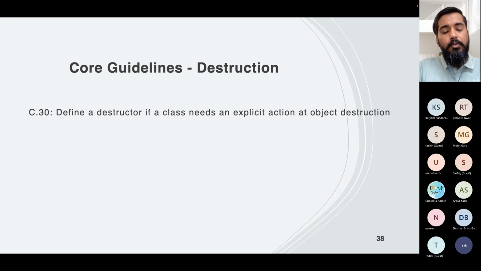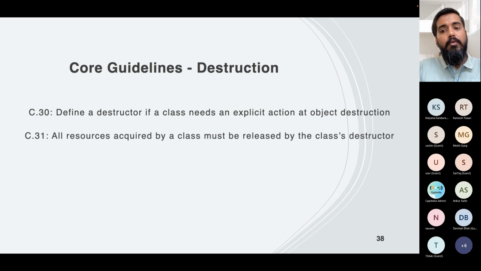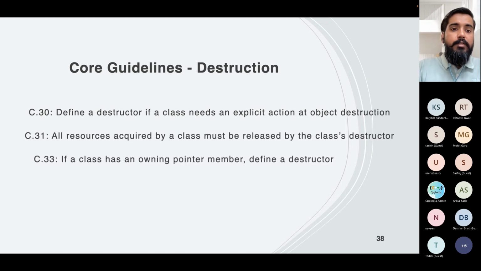So it's your responsibility to close that. In your destructor, you should release that memory. All the resources acquired by a class must be released by the class destructor. If a class has an owning pointer, as we discussed, define your destructor, and this is also known as resource acquisition is initialization, RAII.